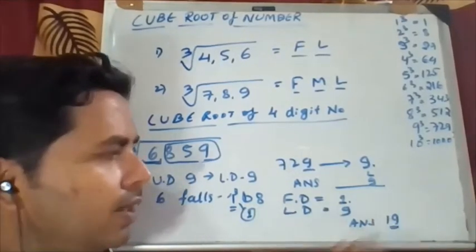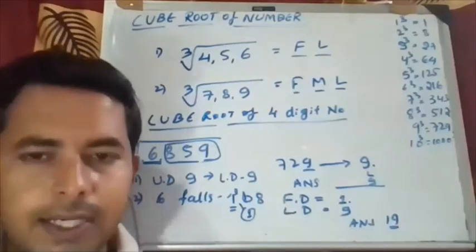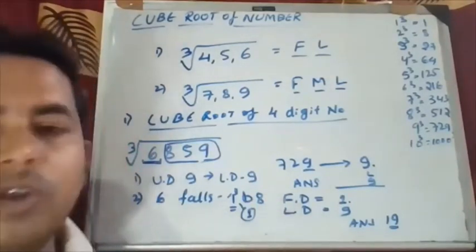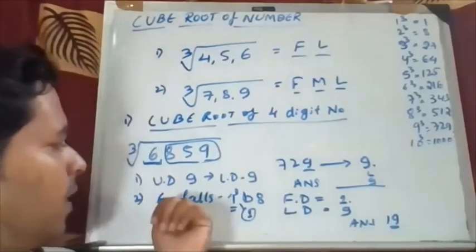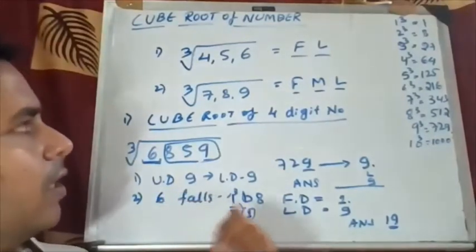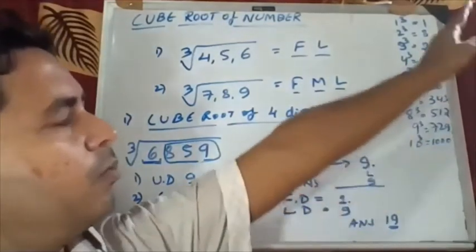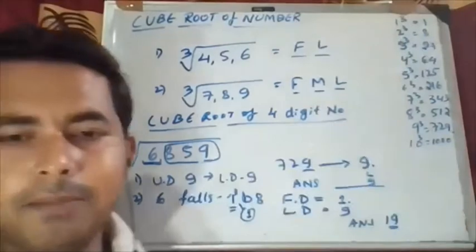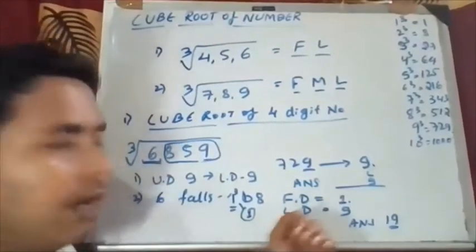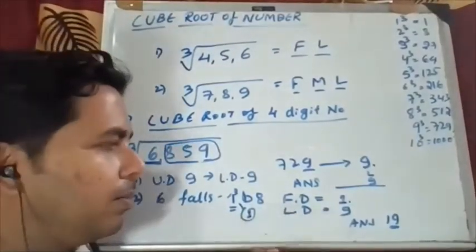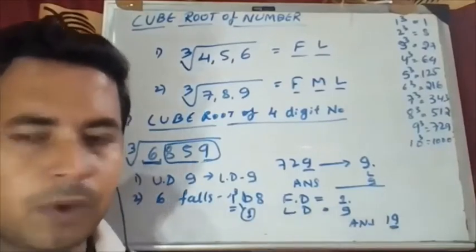Then your answer will be 19. Because why do I have to consider the smallest value? Whatever 6 will be there, that is actually nearer to the 8. But as per rule, we have to always consider a small number. Okay, always a small number.